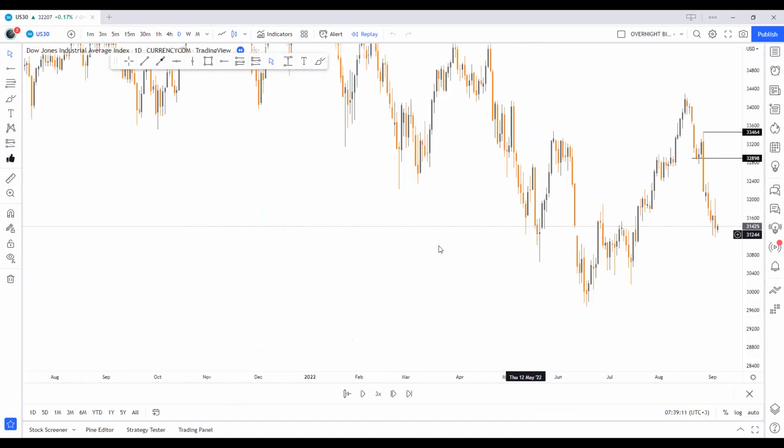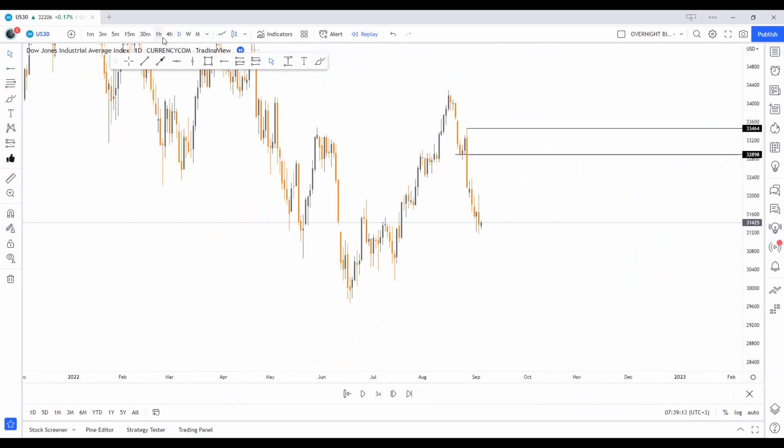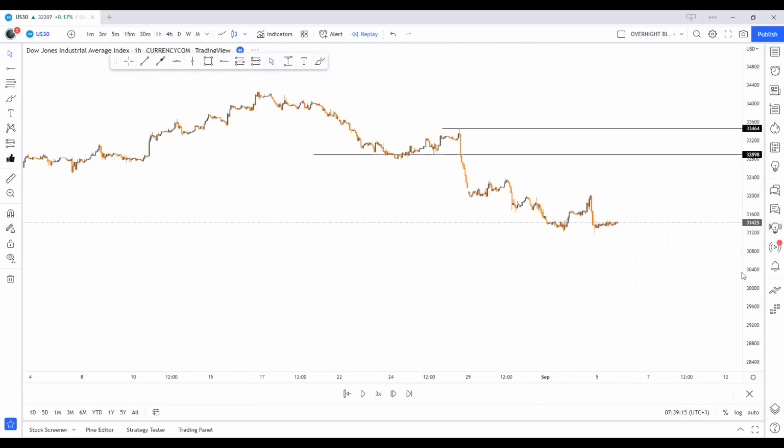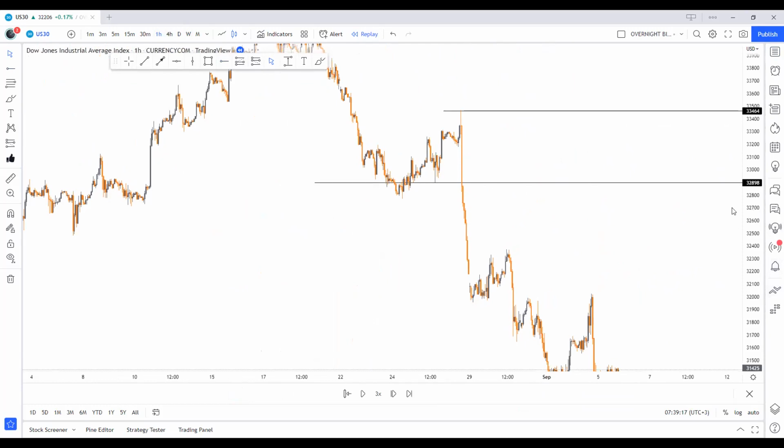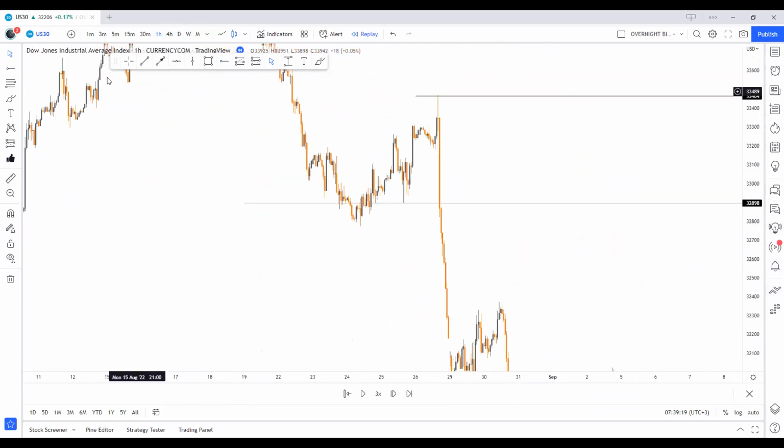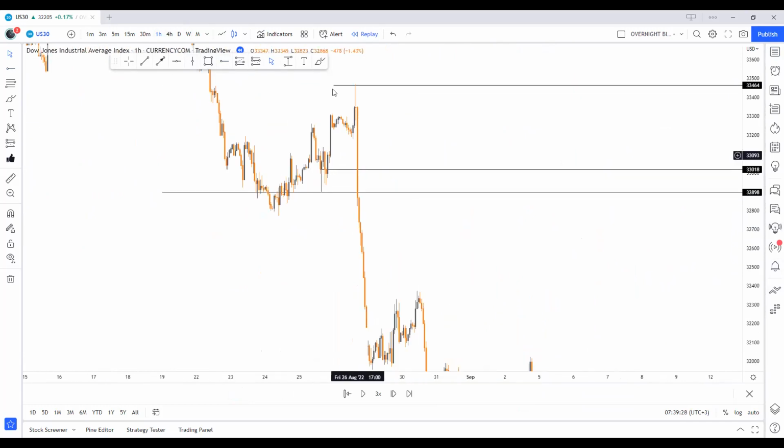I'll show you why and what was my entry. So we go down to 1 hour, look for our entries around this area. So my entry was at this point. Now maybe I should risk only 10 points on US 30 because it's too volatile.